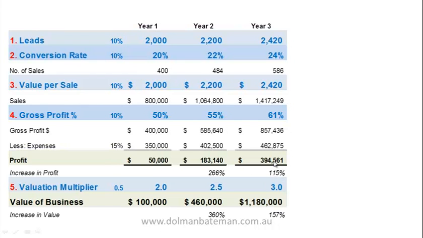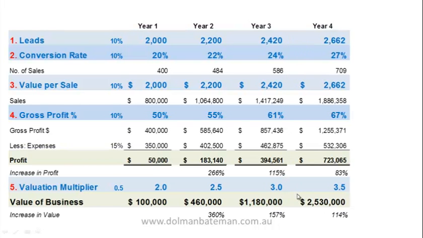And so now we're starting to say, well, actually, I can afford that fancier car, or I can start putting money away, or I can afford to get an investment property to offset the tax in relation to that. Because the business is improving along the way, we've increased the valuation multiplier slightly to 3, which is kind of the base level for most small businesses. So the business is now worth almost $1.2 million.